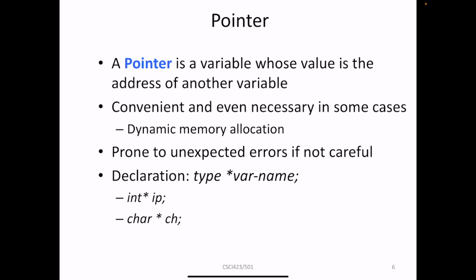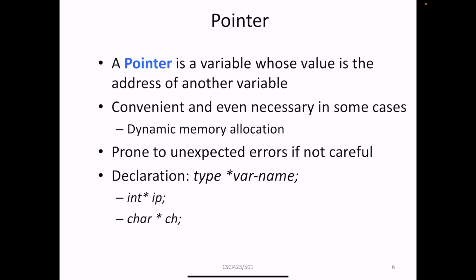So one example we just referred to is also called memory leaking. Which means you dynamically allocated the memory from the operating system, but you forgot to return it back to the operating system.